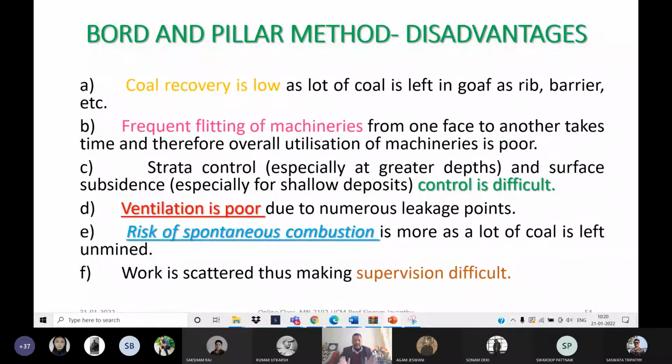Along the line of GOF or line of extraction, if something is left in between, then there will be a destressed zone on this side and a destressed zone on this side. And if it is not excavated in between, that causes stress concentration. Very simple to understand. When you are extracting, this is a total panel, and this is a diagonal line of extraction.